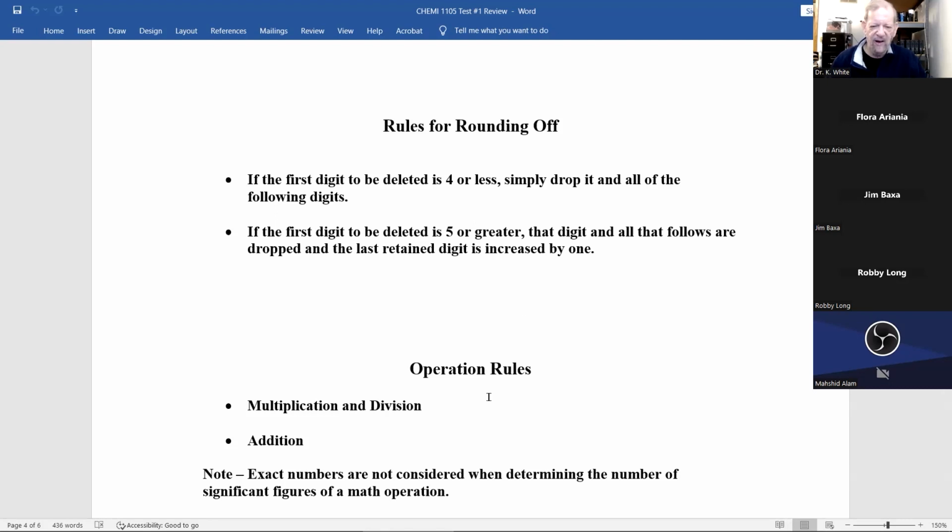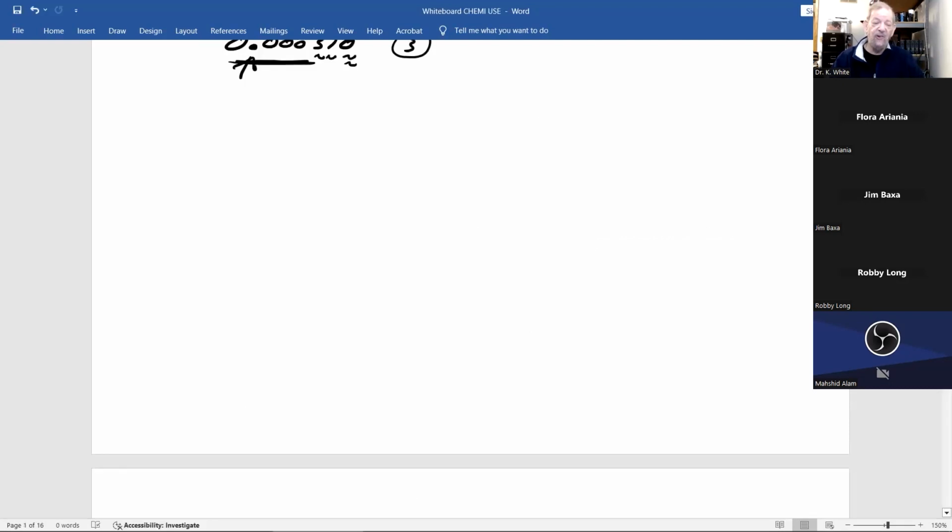Well, let's look at a couple examples. And this is a skill you'll need the whole semester, especially on tests 1, 2, 3, 4, and the final. Now here, to save time, I'm abbreviating on tests.